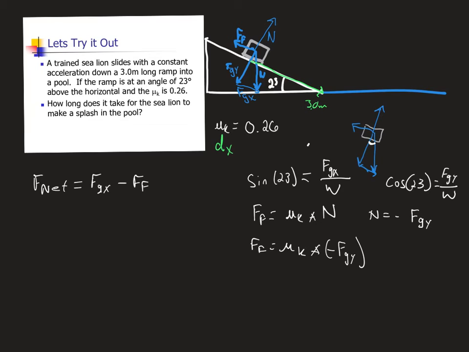I then can algebraically manipulate, multiplying both sides by W for both of these equations, to give me weight times the sine of 23 is equal to the force of gravity in the x, and weight times the cosine of 23 is equal to the force of gravity in the y.